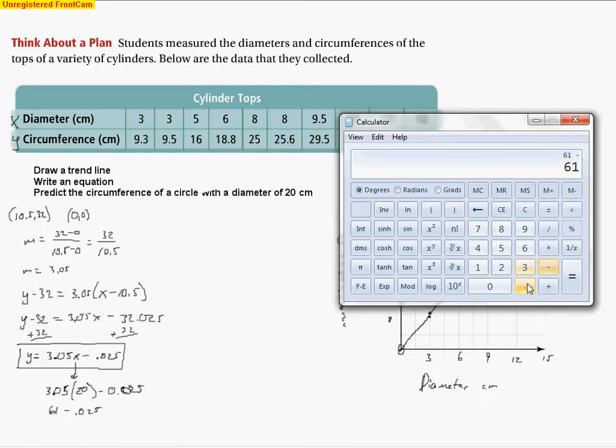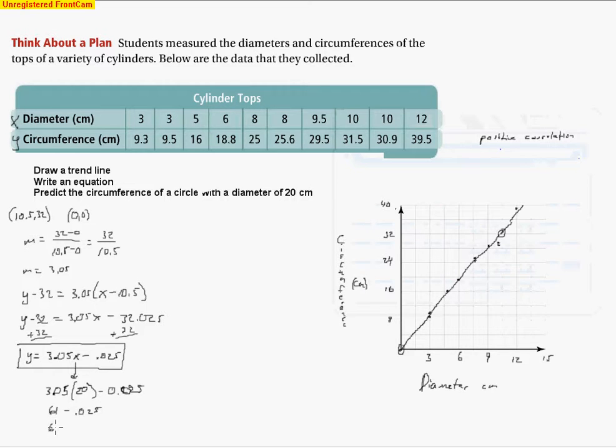So minus the 0.025 makes 60.975. Actually, 60.975. So there it is. That would be the circumference of a circle with a diameter of 20 centimeters.